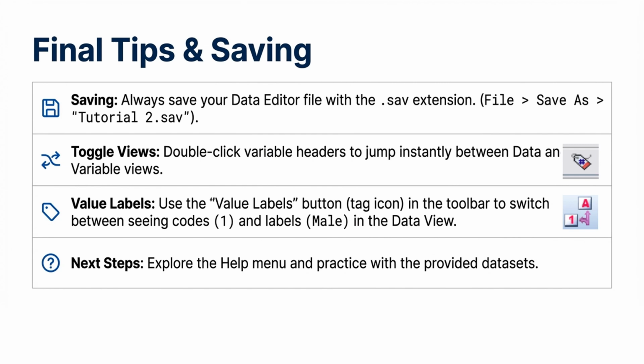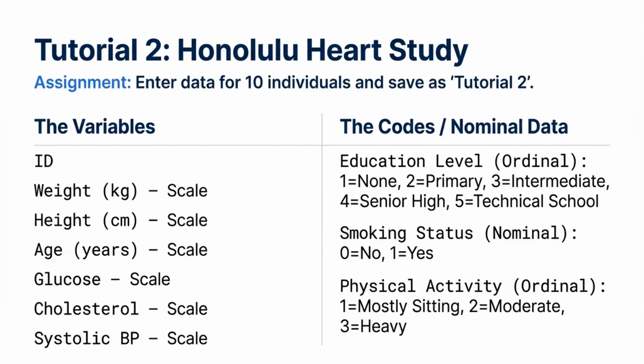Toggle views: double click the variable header to jump instantly between data and variable views. Value labels: use the value labels button, the tag icon in the toolbar, to switch between seeing codes, 1, and labels, male, in the data view. Next steps: explore the help menu and practice with the provided dataset.